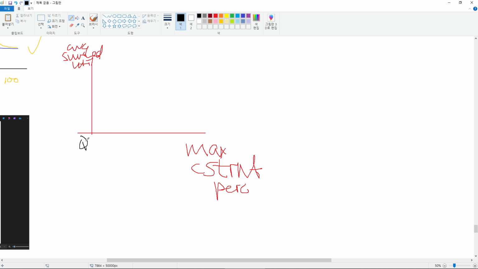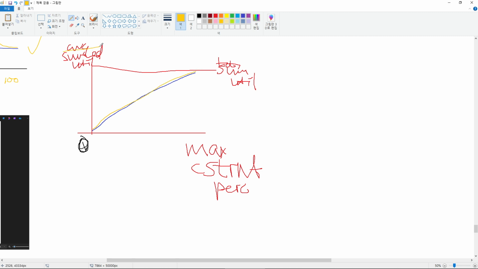And what I hope to see is, if this is the total sum of utility values, as the maximum constraint percentage goes up, I need the plateau level to go up, and I also need the peak level to go up.